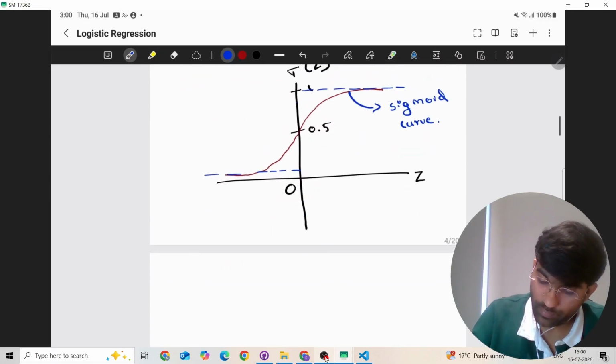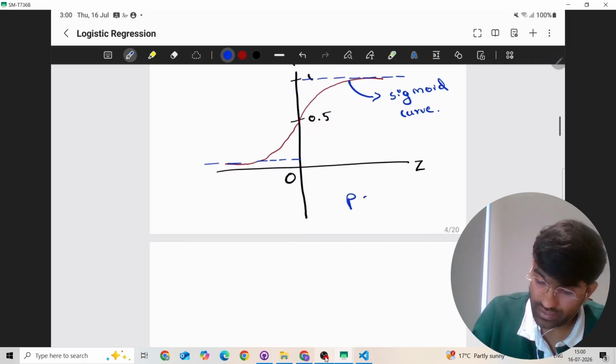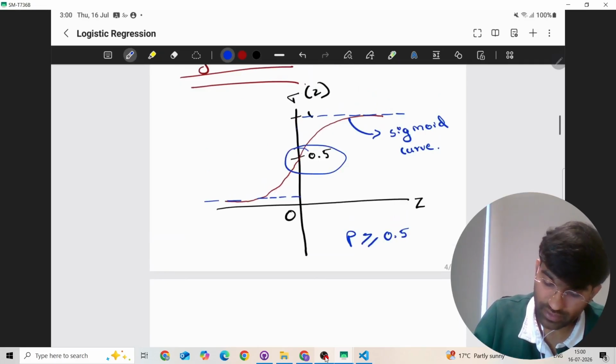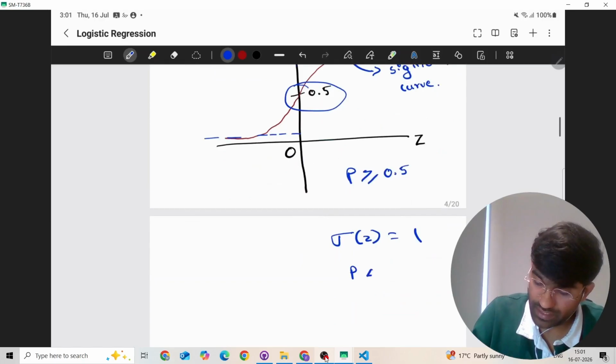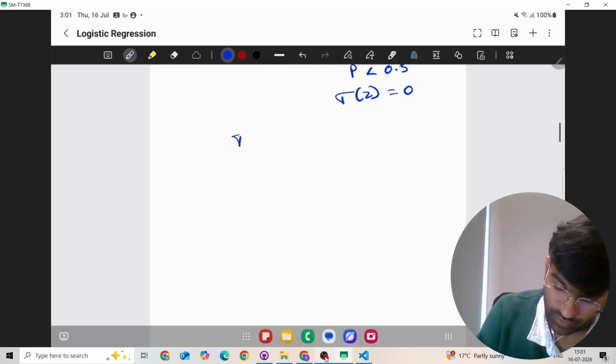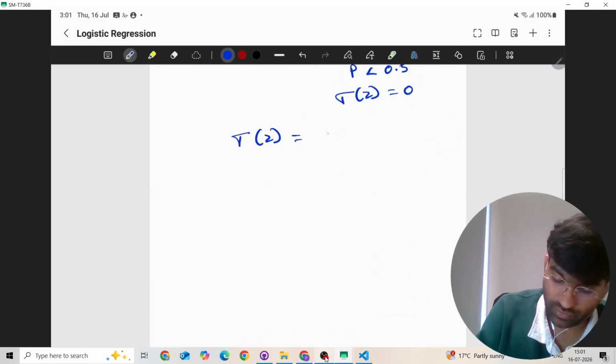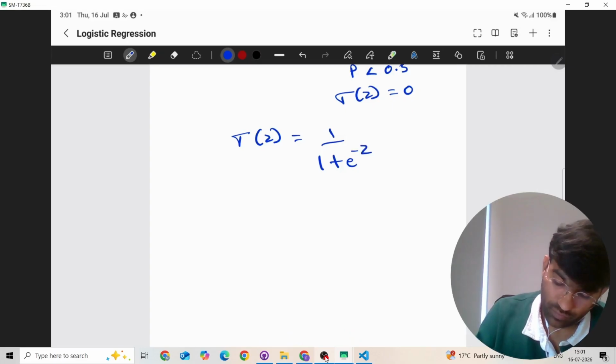Where the probability is greater than or equal to 0.5, the sigmoid of z will be 1. If the probability is less than 0.5, then sigmoid of z is equal to 0. And the equation of the sigmoid function is sigmoid of z equals 1 divided by 1 plus exponential of z. So what is z here?